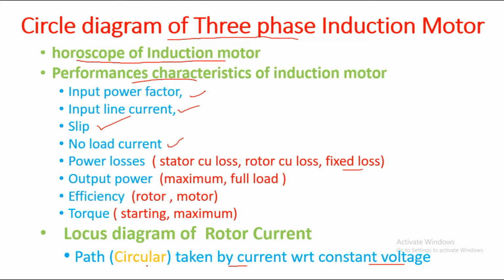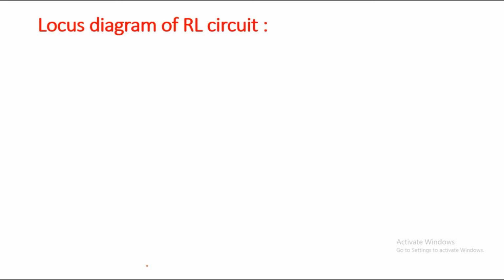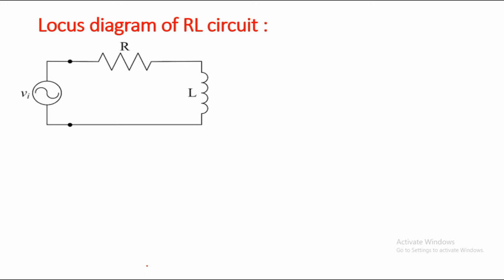For understanding the locus diagram of rotor current, we are going to discuss the locus diagram of an RL circuit, especially an RL series circuit, because there is a similarity between the RL series circuit and the rotor part of the induction motor. In the rotor part of the induction motor, we have a winding resistor as well as a winding inductor along with the electrical equivalent of mechanical load.